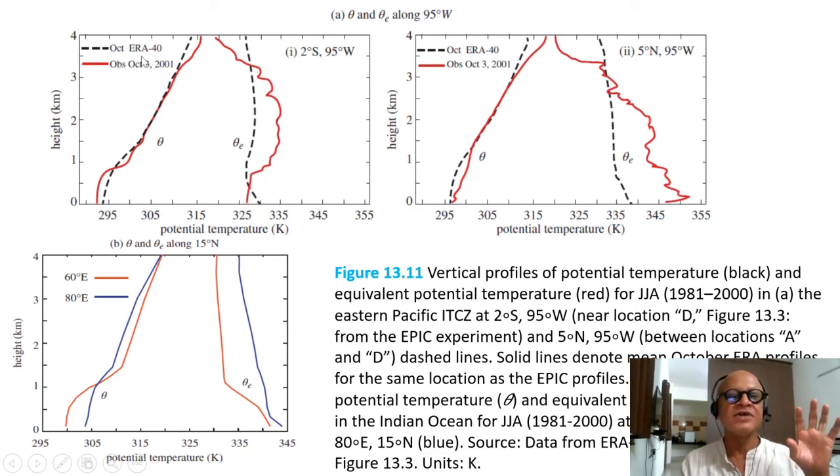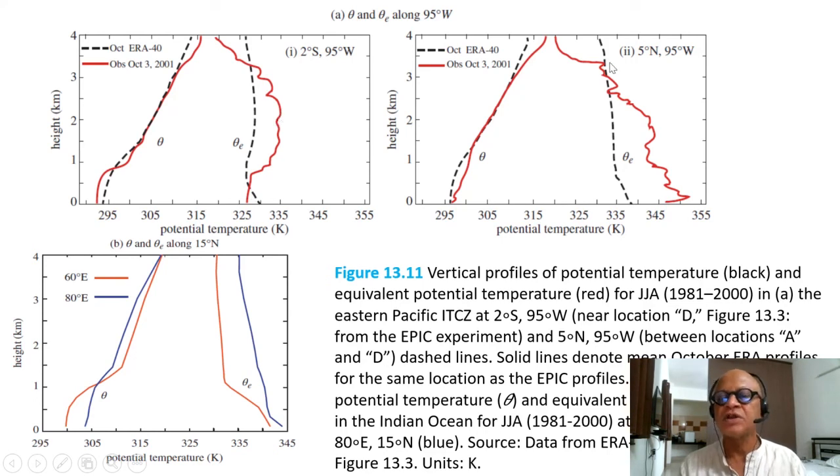And here observations are compared with ERA-40 just to give you a sense of it. So you can see that at 2 south 95 west, which is in the southern hemisphere, there is a jump at the top of the boundary layer, which makes it hard to create instabilities, and the same in the equivalent potential temperature.